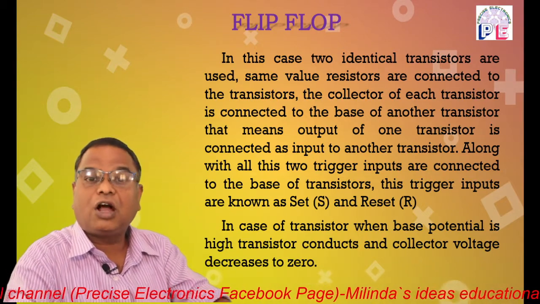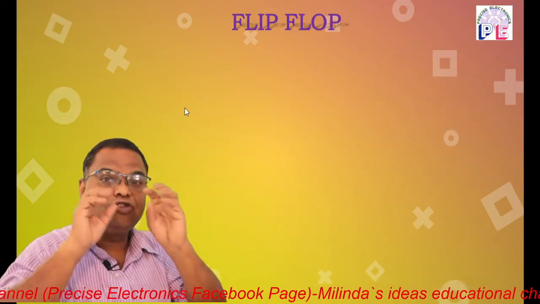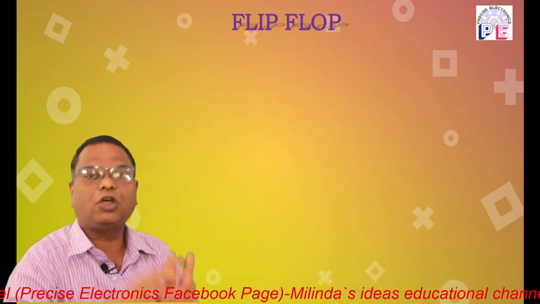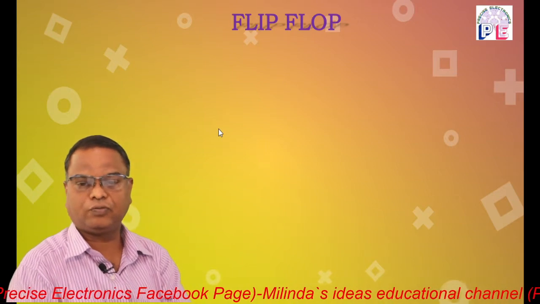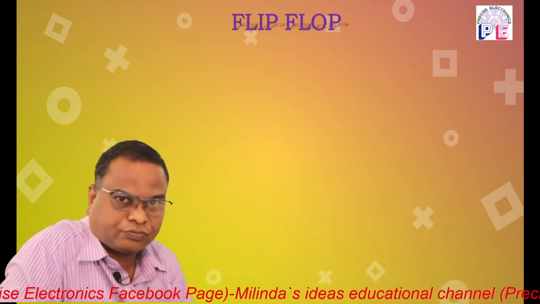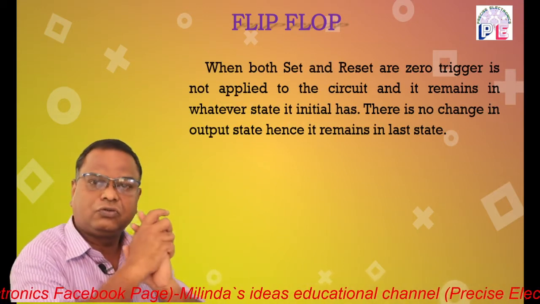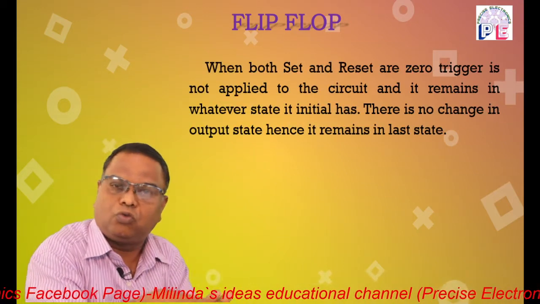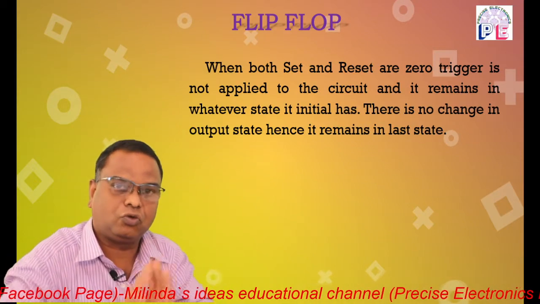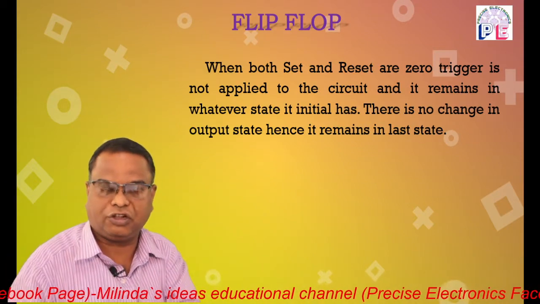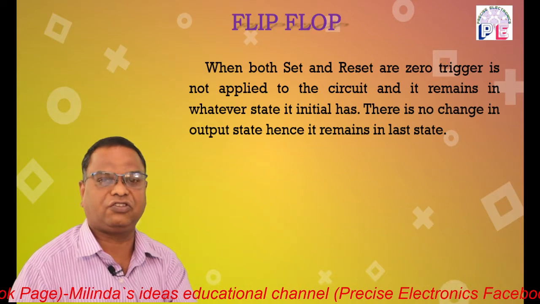Now friends, how is this circuit used to store the bits, the working of this RS flip-flop. The first condition is that the set and reset inputs are low. When the set input and reset input are 0, there is no biasing potential, no base potential applied to the transistors.